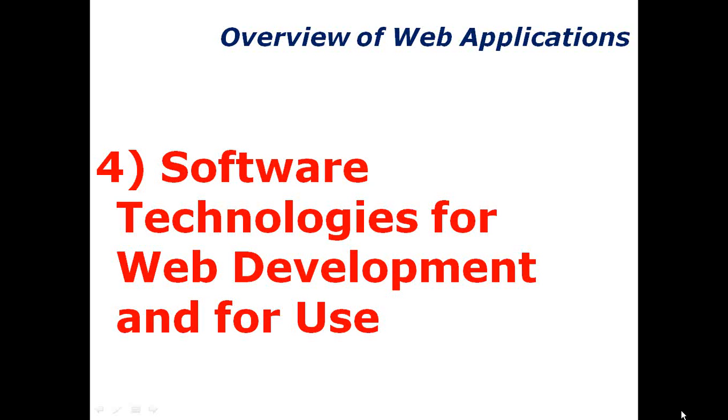Microsoft IIS, Internet Information Services, Apache Tomcat, Java web server, Pramati web server, which a Hyderabad company developed, etc. Famous ones are Microsoft IIS and Apache Tomcat.